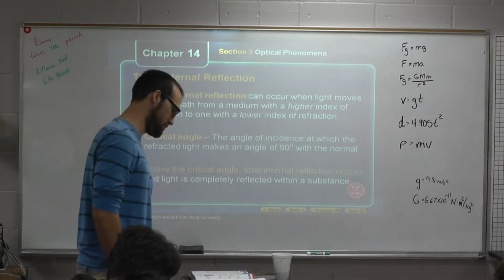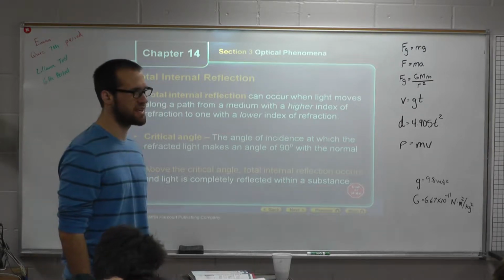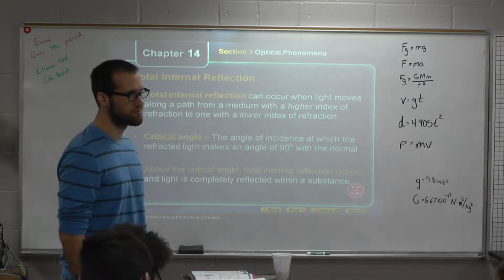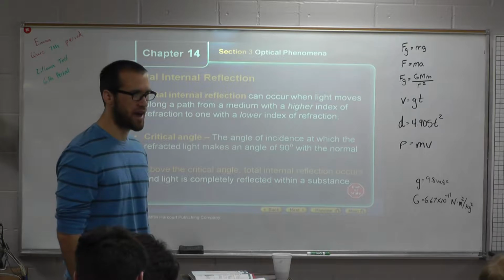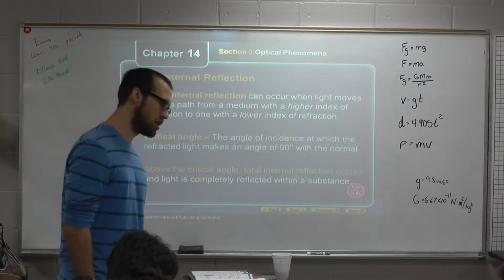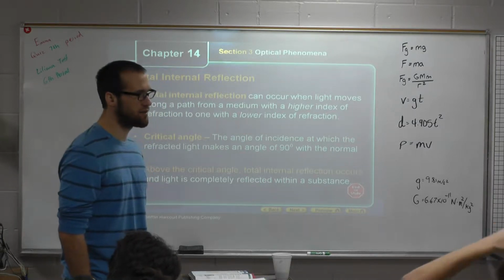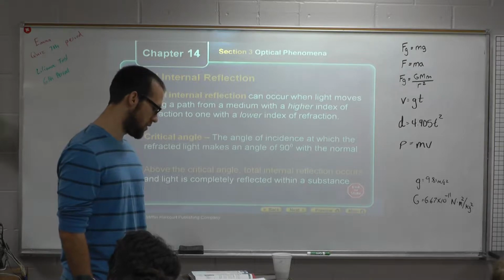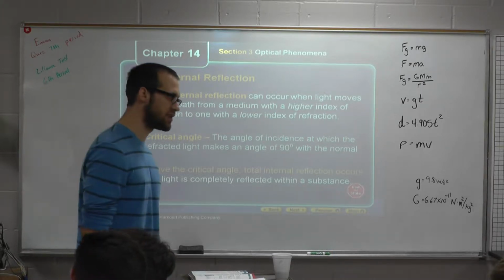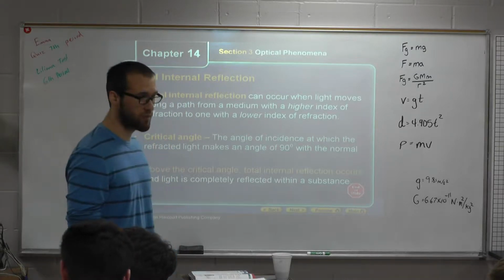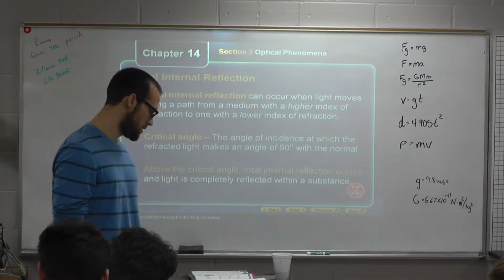It appears to be bending away from normal. So what does that tell you? It's faster. Okay, so it's going from slow to fast, or high to low index of refraction. You could also say when it goes from slow to fast, high density to low density would be another way of looking at that.